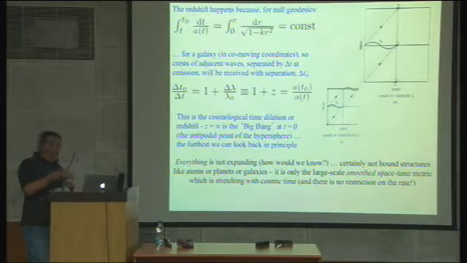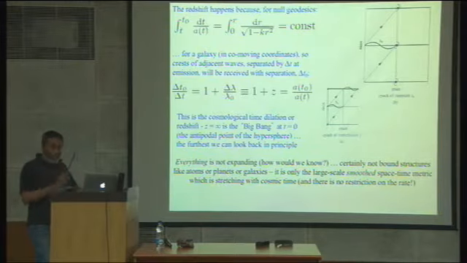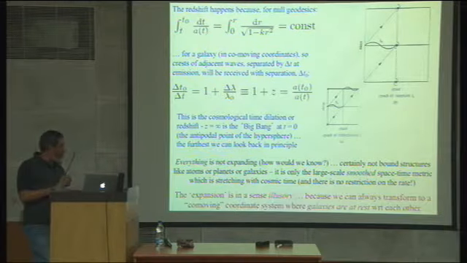So it's only the metric that is expanding in cosmic time on scales which are large enough that the average can be taken as a smooth continuum, okay? Which is typically on the scale of intergalactic space, not on any scale smaller than that. And there is, as I mentioned earlier, no restriction on this rate at all.